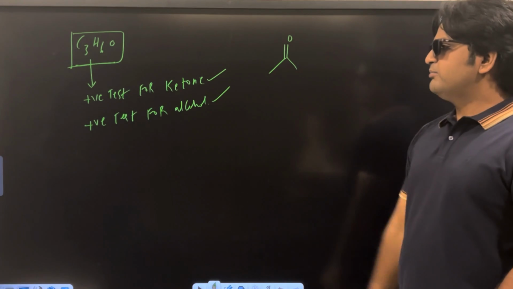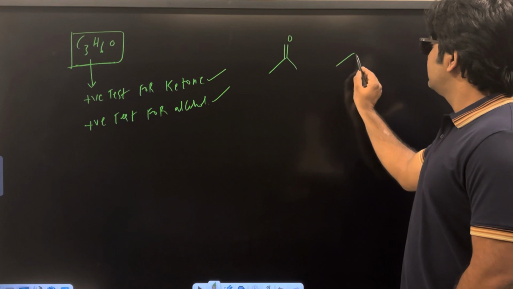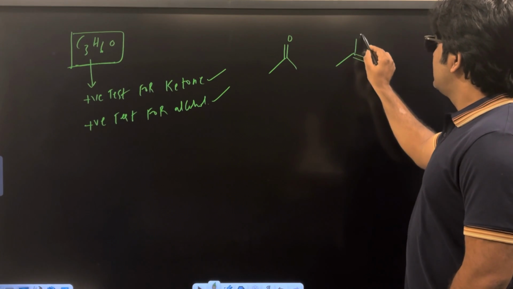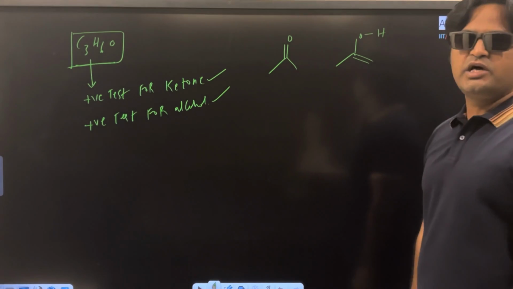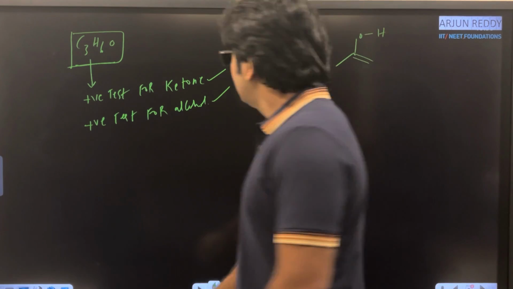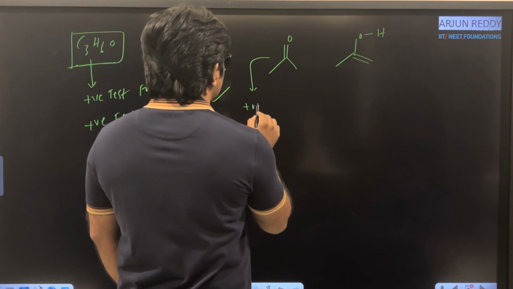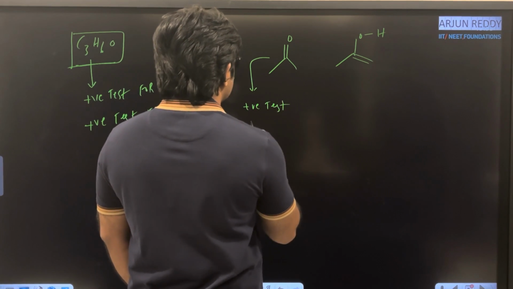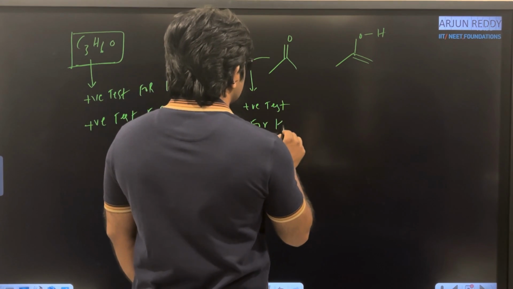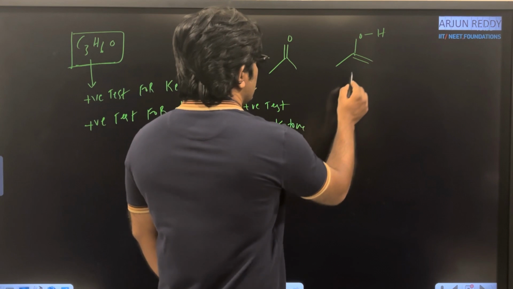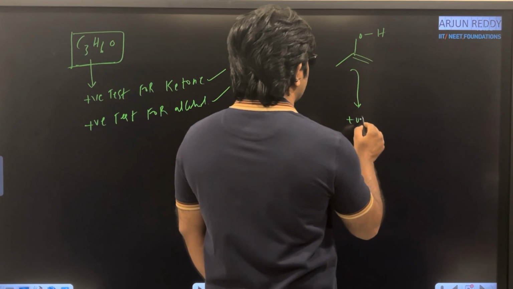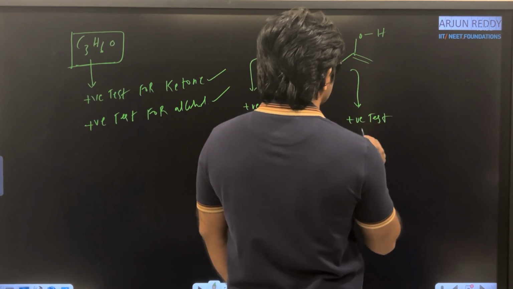And it also gives a positive test for alcohol, that's why you can write like this, OH. These are the two possible structures. The first compound gives a positive test for ketone, and the second gives a positive test for alcohol.